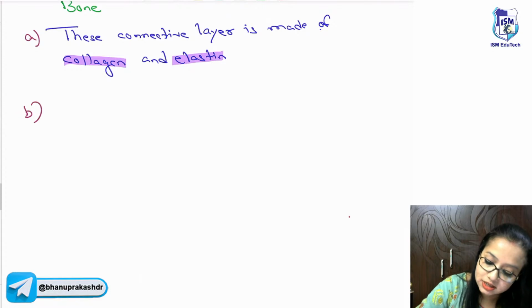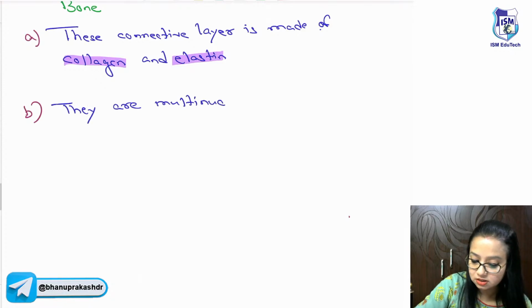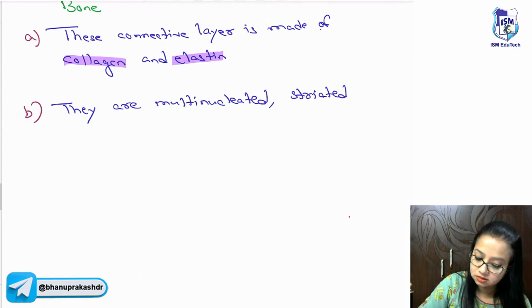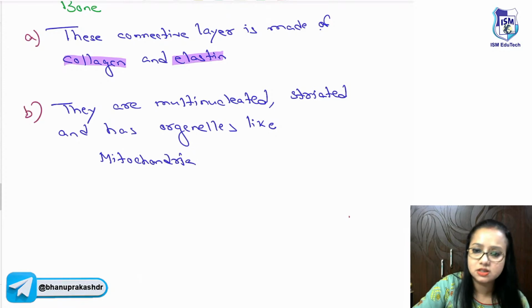The second characteristic feature is that they are multinucleated, okay, striated, and have organelles like mitochondria. So what is a mitochondria in a skeletal muscle called?